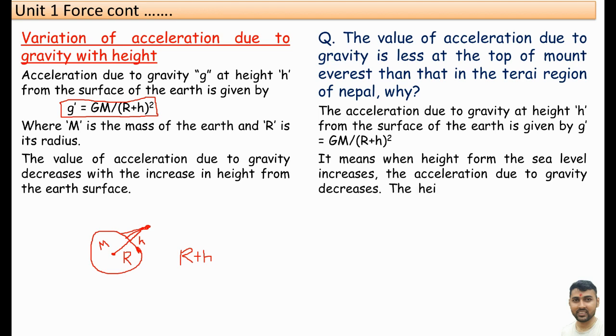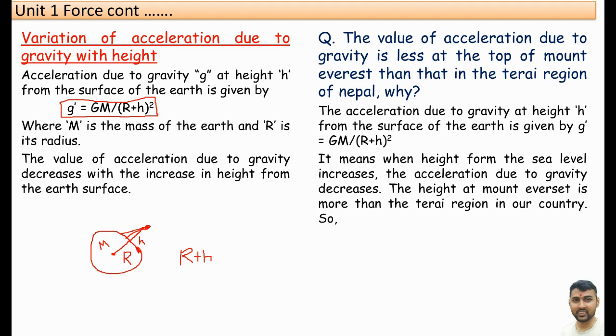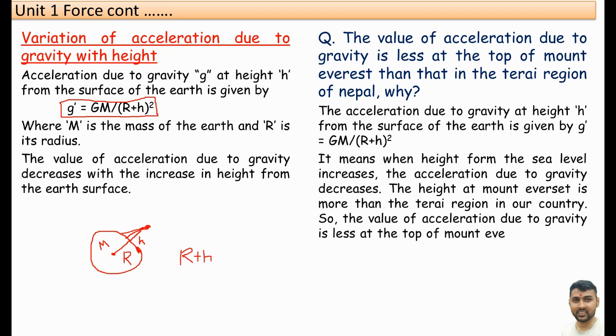We know that the acceleration due to gravity at a height from the surface of the earth is given by g' is equal to GM by (R plus h) whole square. It means when height from the sea level increases, the acceleration due to gravity decreases.